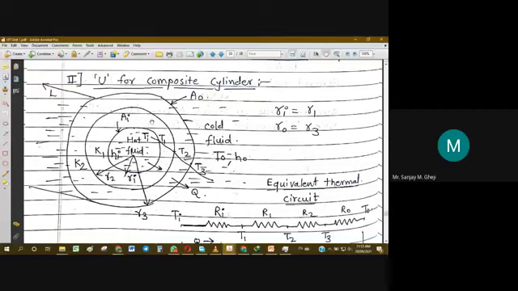Let us say water is flowing through a metallic tube. The metallic tube may be of steel, cast iron, or copper. The tube is exposed to the outside cold environment, and the inside hot fluid is at very high temperature.